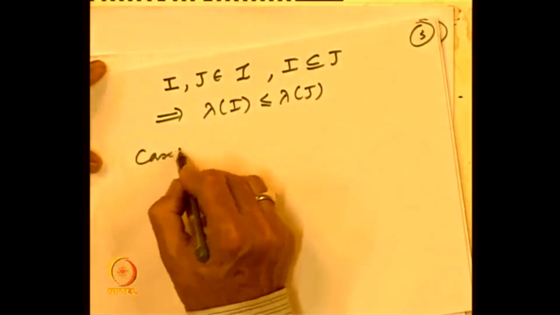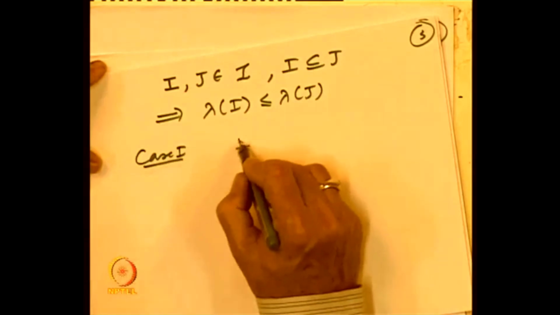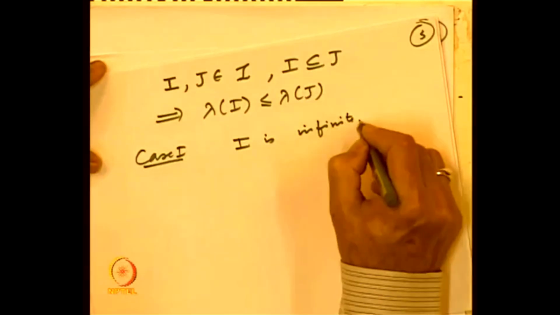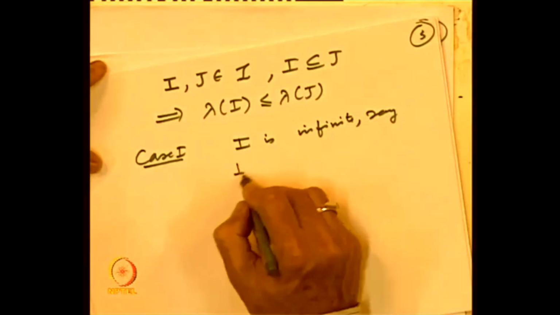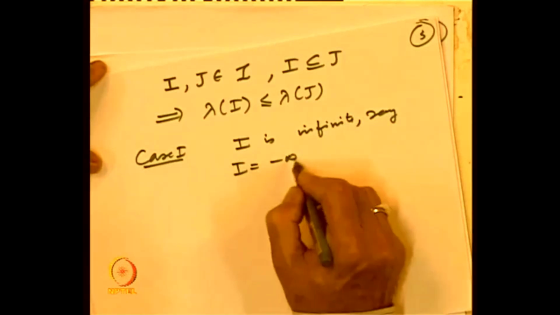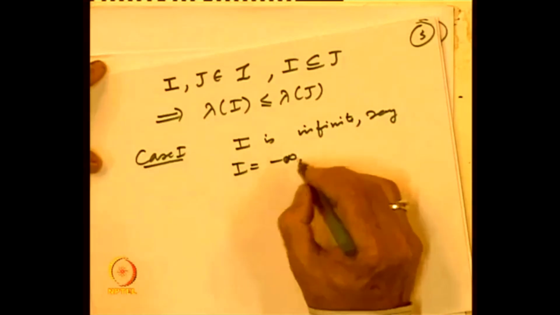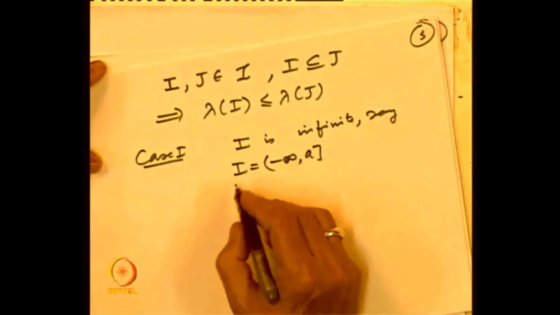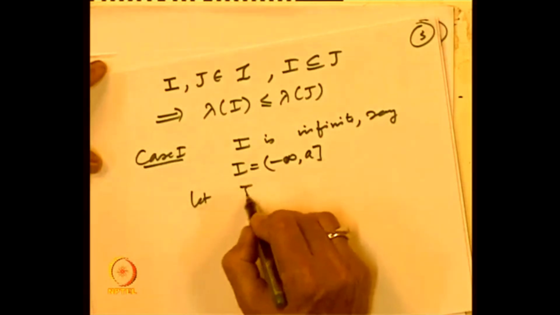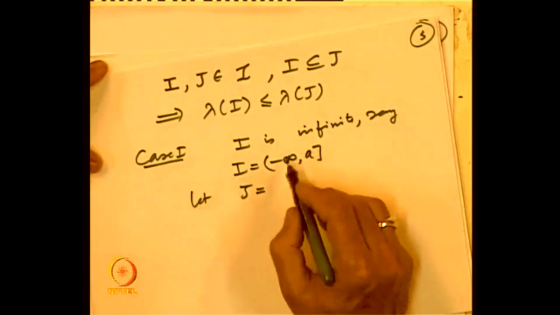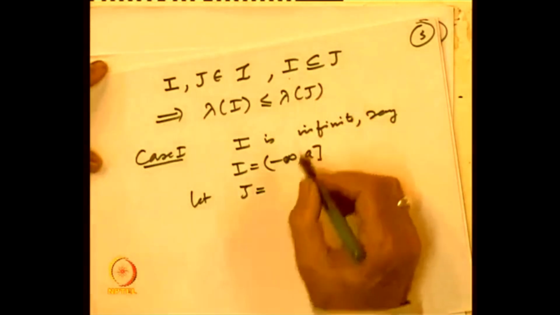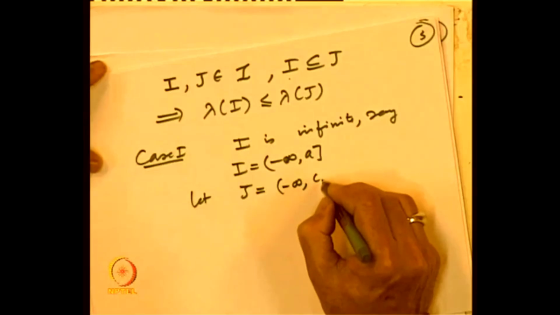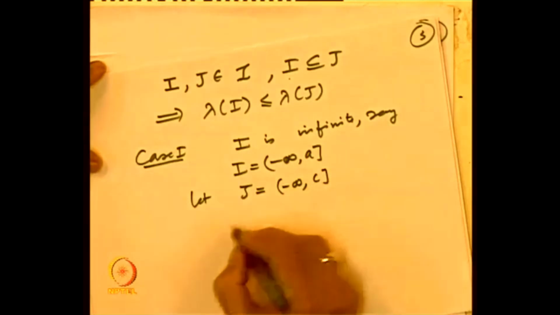Case 1: let us say I is infinite, say I is equal to (−∞, a). Let J be equal to, now since I is a subset of J, obviously J has to start with minus infinity and it can go up to some point, say c, where c is bigger than or equal to a.